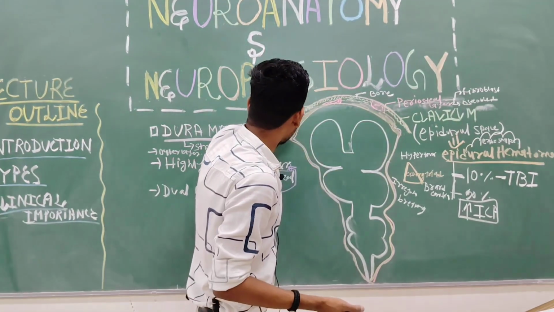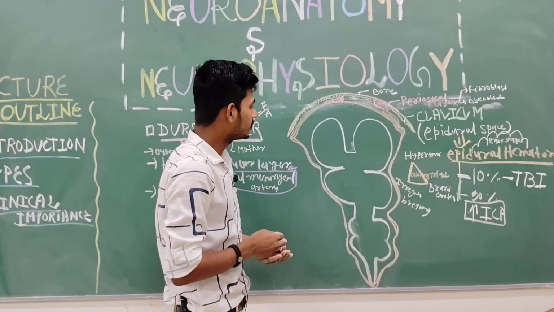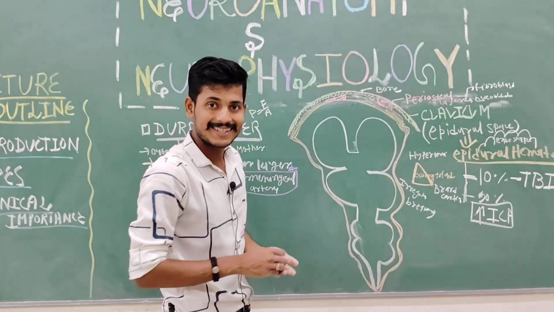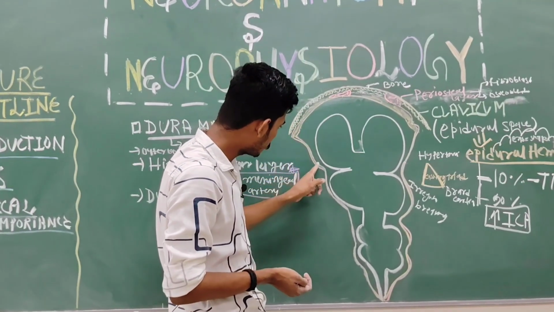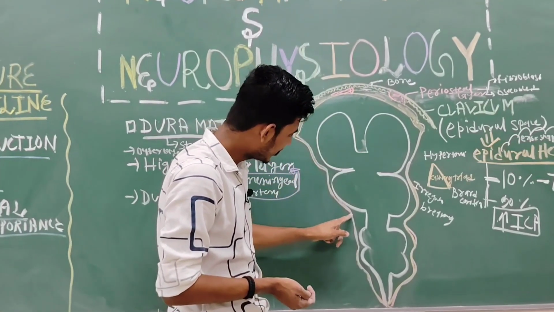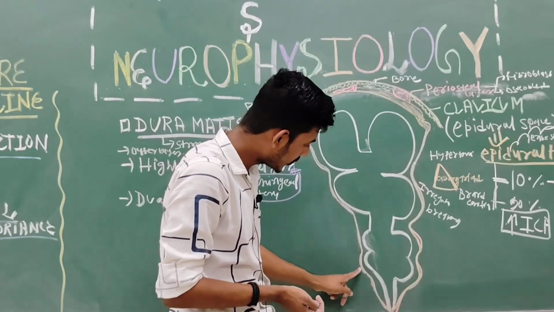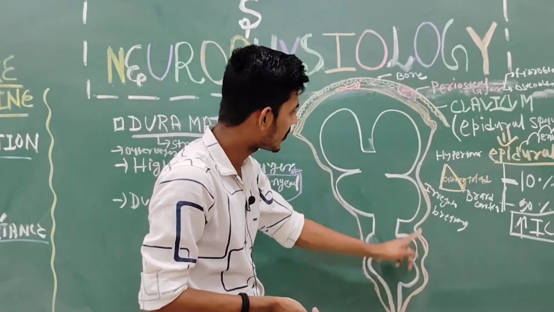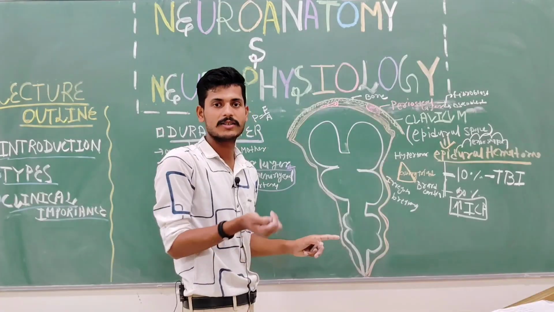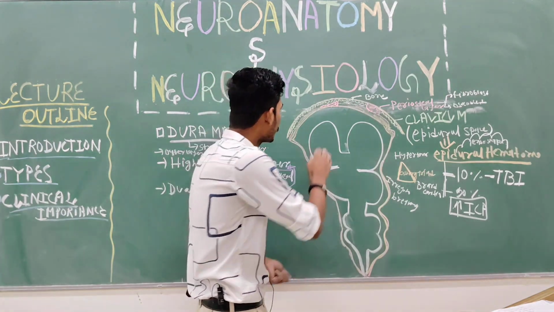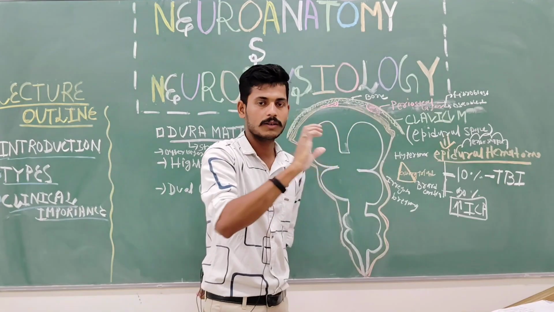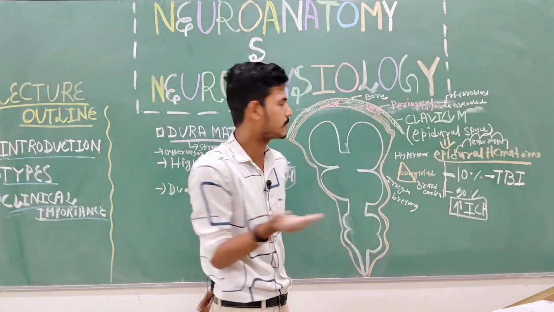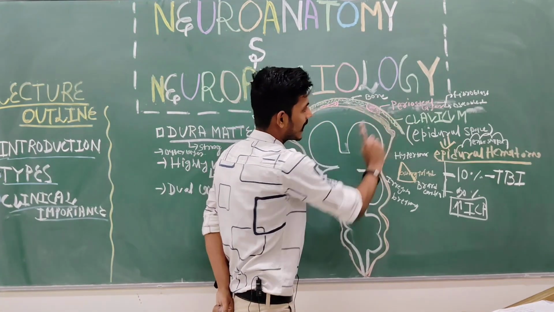Now another layer of the dura mater, lined together with the periosteal layer, is called the meningeal layer. The thing you should remember is that there is no clear-cut space between the periosteal layer and the calvarium.